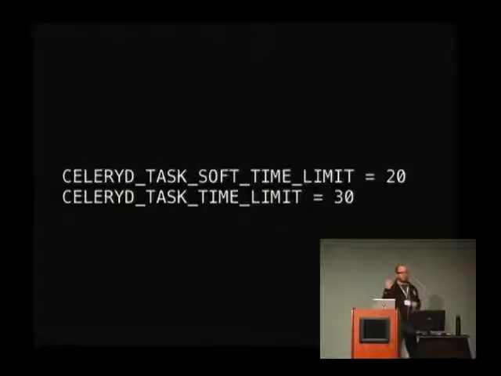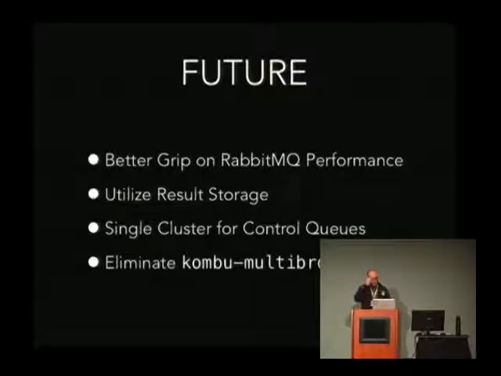We'll throw an exception when you hit that limit, and it'll log a message. We also have a hard time limit at 30 seconds, which will just kill the process. When that happens, if you're using these different fault tolerance options like acks late, the task will get re-enqueued, which is great.